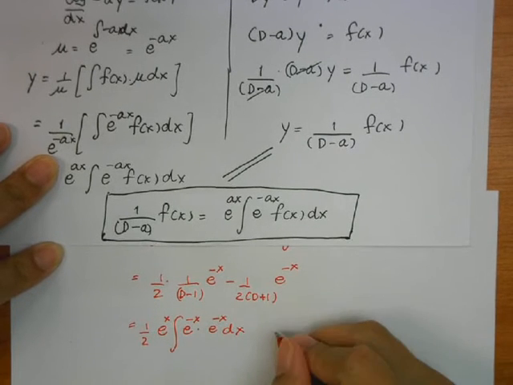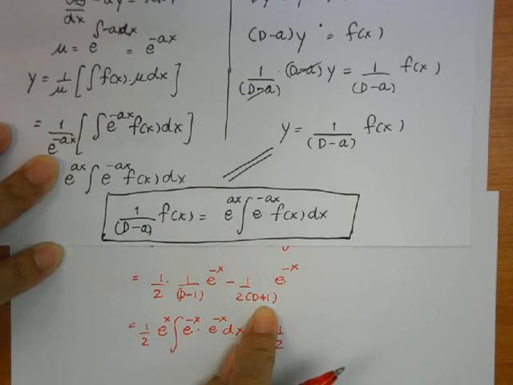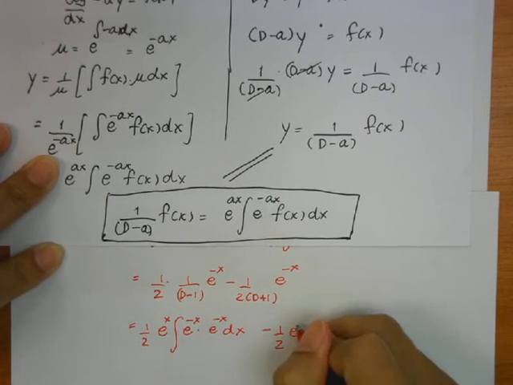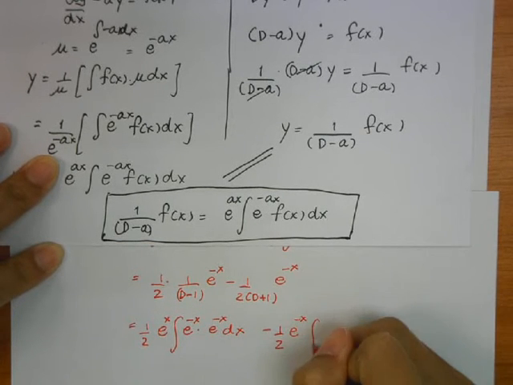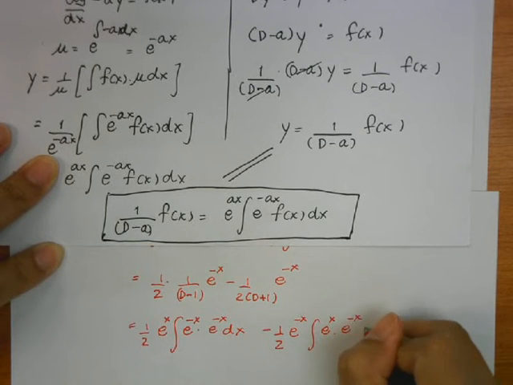And for the other one, our a is equal to minus 1, so you would get exponential of minus x times the integral of exponential of x, our fx is exponential of minus x, dx.